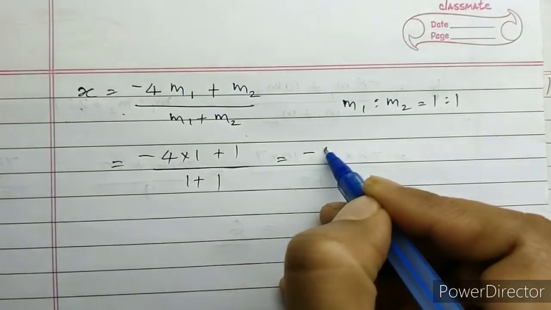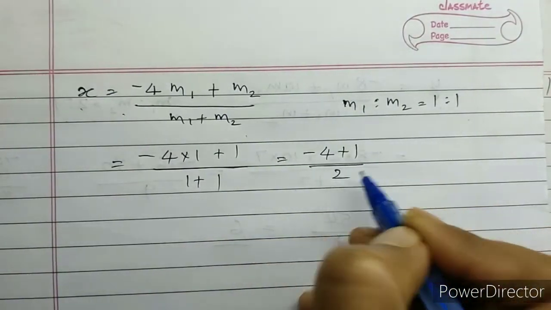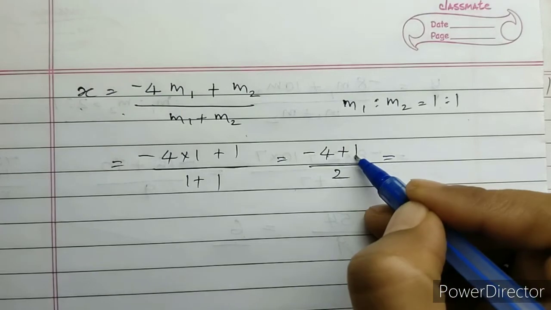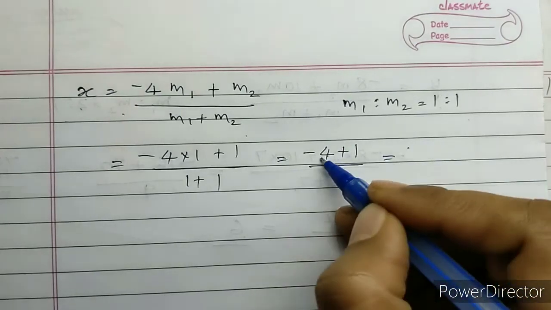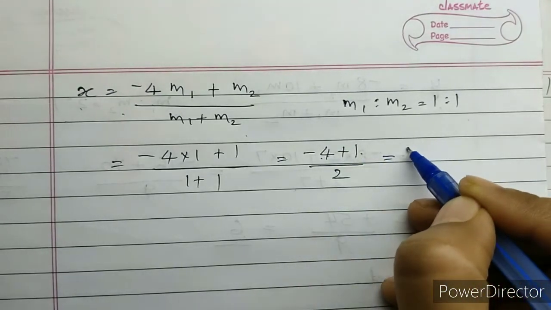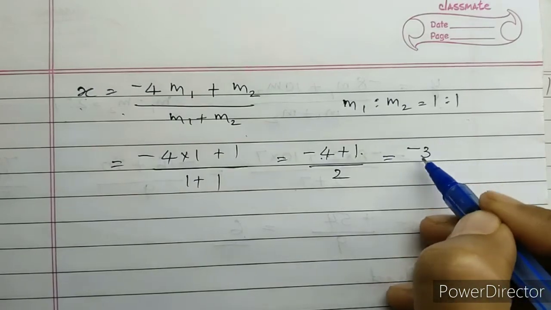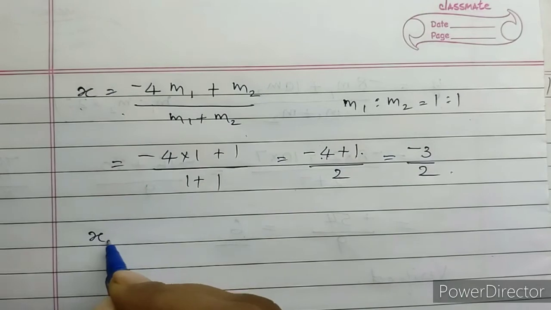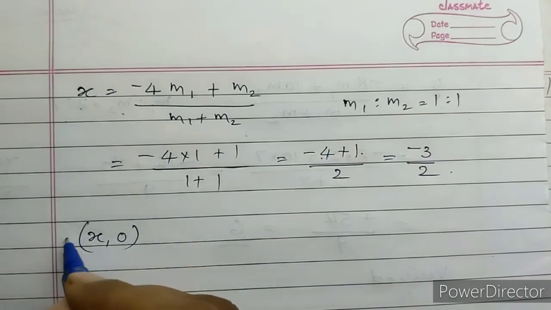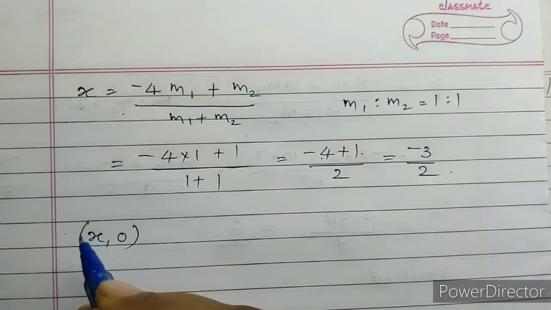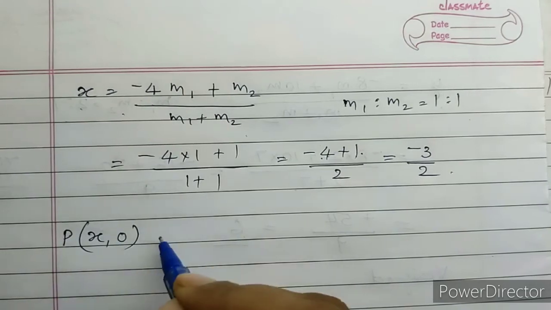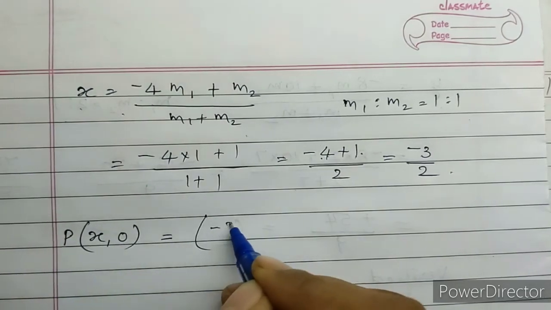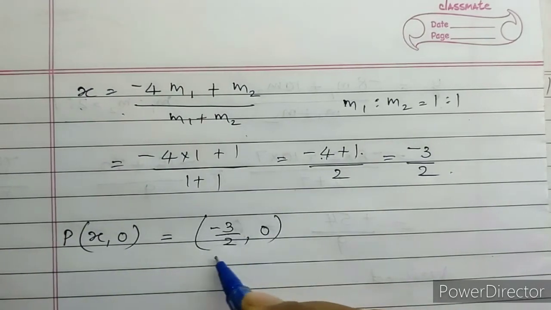That is (minus 4 plus 1) divided by 2. Minus 4 plus 1: one is negative, one is positive, subtract, and put the greater number's sign: minus 3 by 2. So the coordinates of P, which is the name of the point we have given, equals (minus 3 by 2, 0). So this is the final answer.